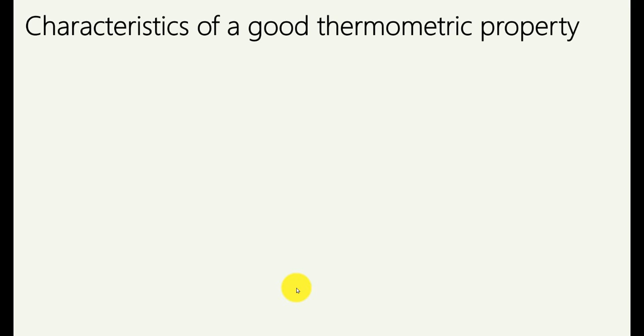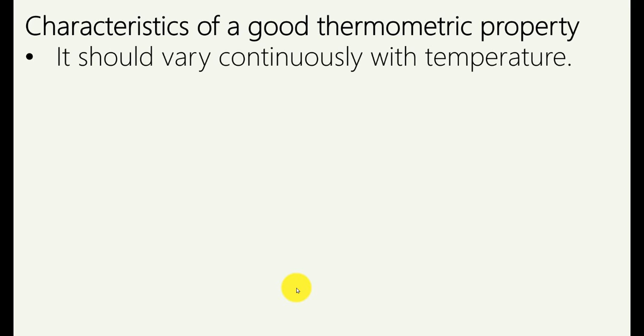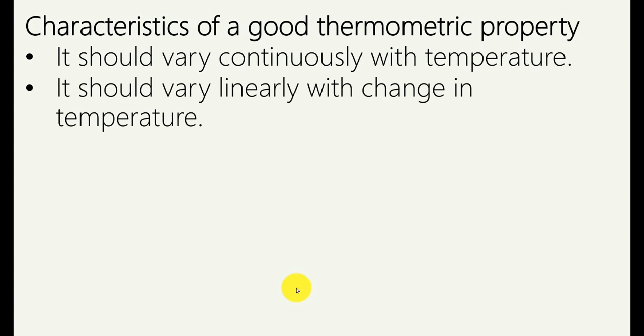Okay, now what are the characteristics of a thermometric property? For a physical quantity to qualify to be a thermometric property, what special features should it have? Number one, that thermometric property should vary continuously with the temperature. Next, it should vary linearly with the change in temperature.